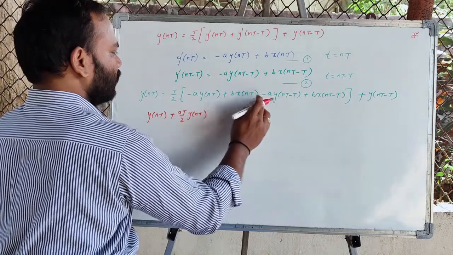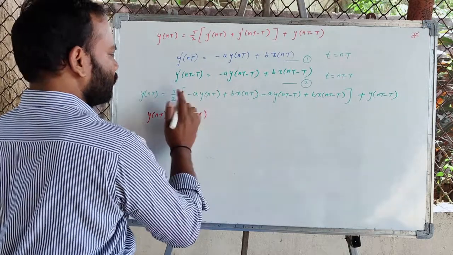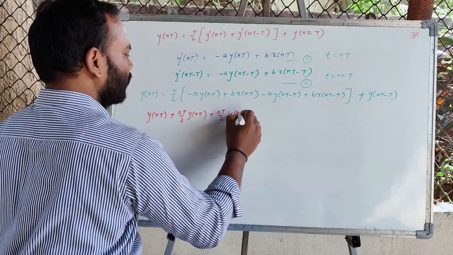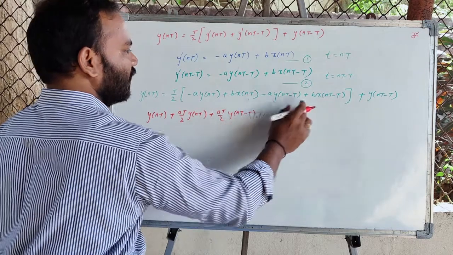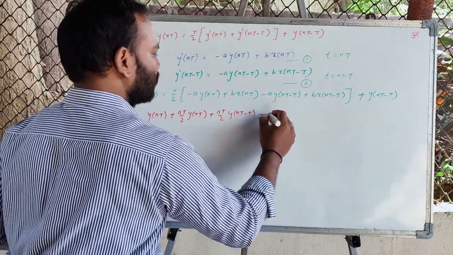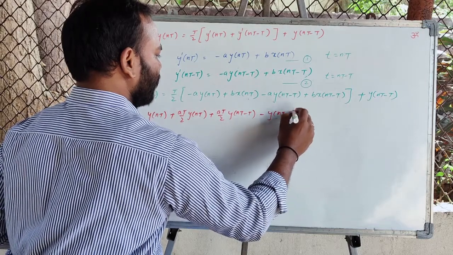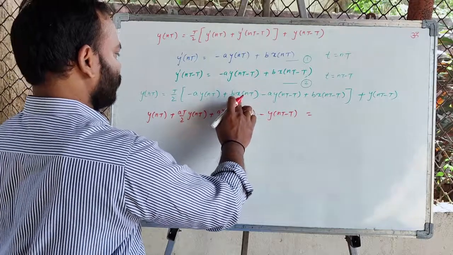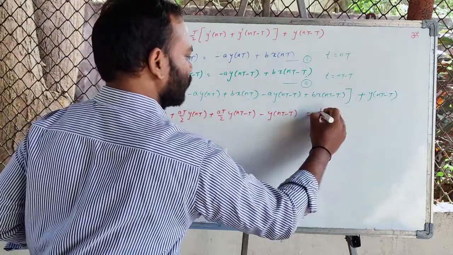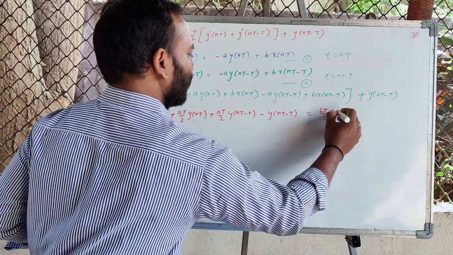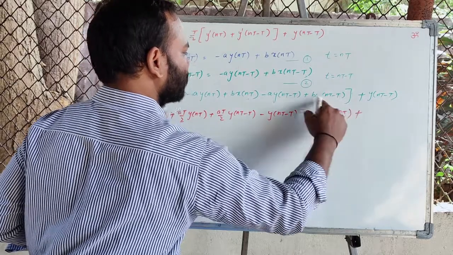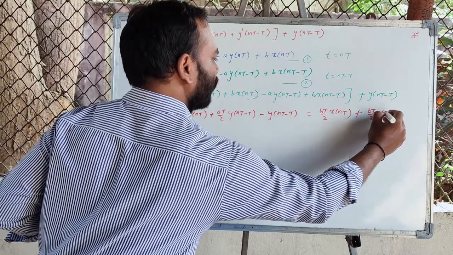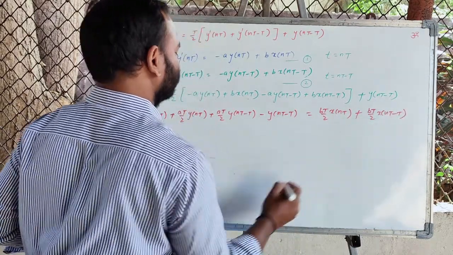Next, this term minus aT by 2 becomes plus, so aT by 2 y of nT minus T, and this term, so minus y of nT minus T. This is equal to x terms. The first term is bT by 2 x of nT plus bT by 2 x of nT minus T.